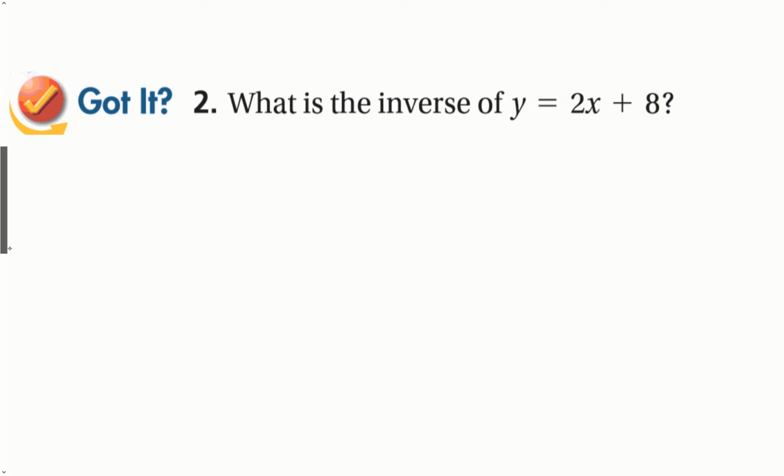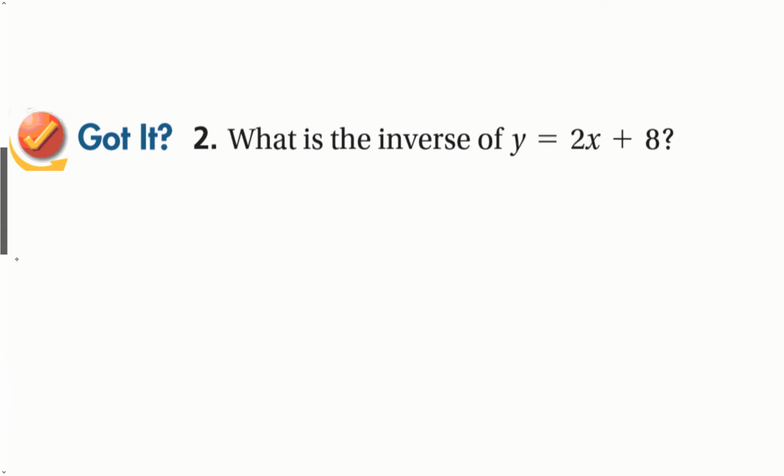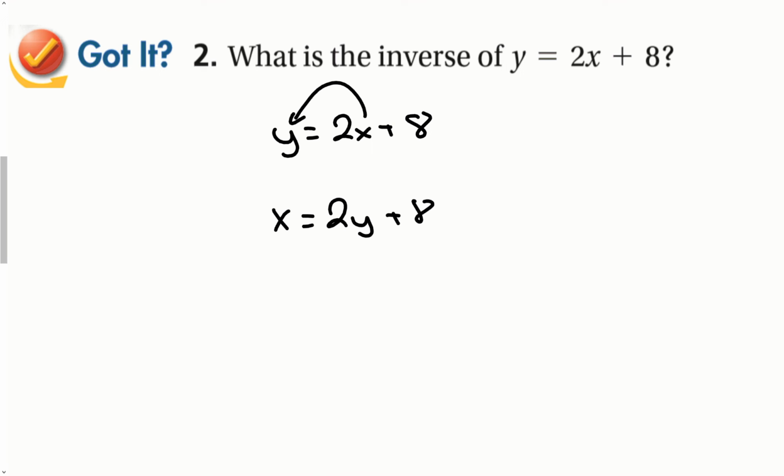Let's try this line. Okay, what is the inverse of y is equal to 2x plus 8? So I go y is equal to 2x plus 8. I switch and solve. So I take the x, I put it there. I take the y, I put it there.